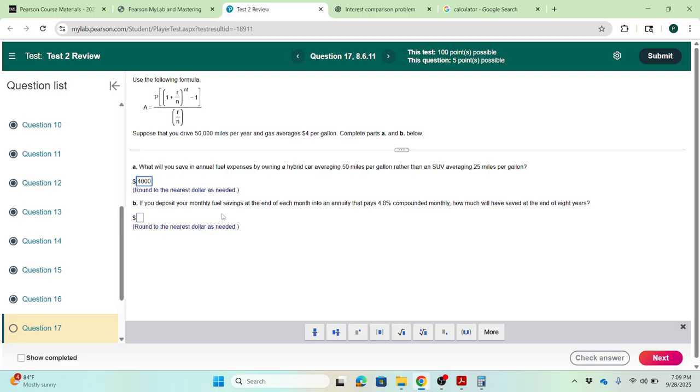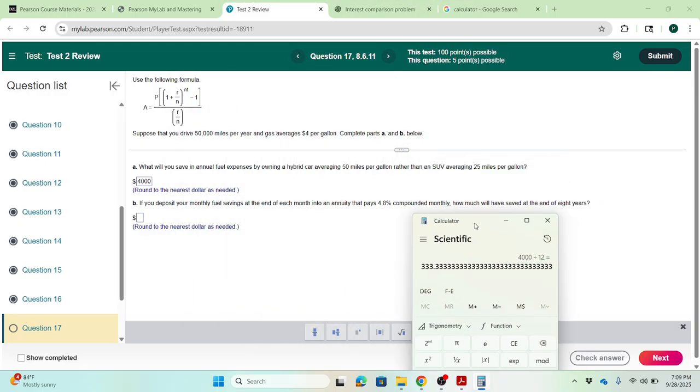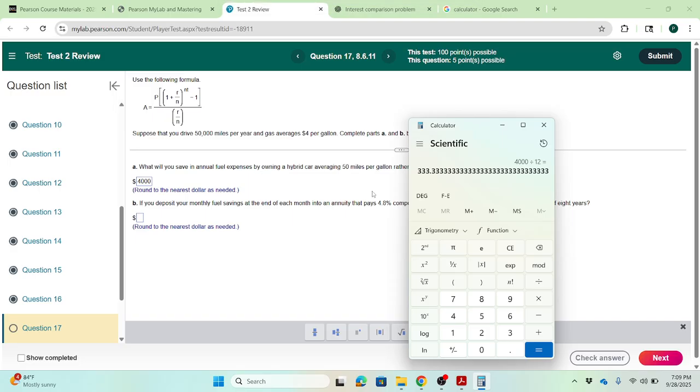Monthly, just divide that by 12, which is $333.33 per month, because 4,000 is the yearly saving.